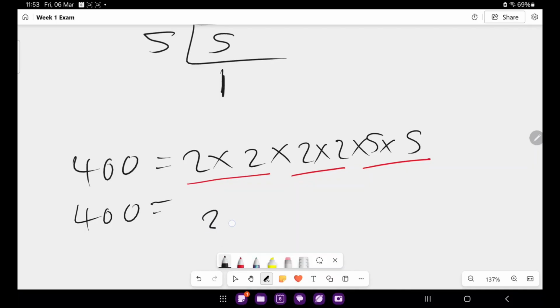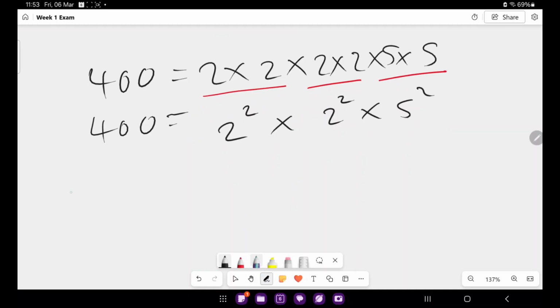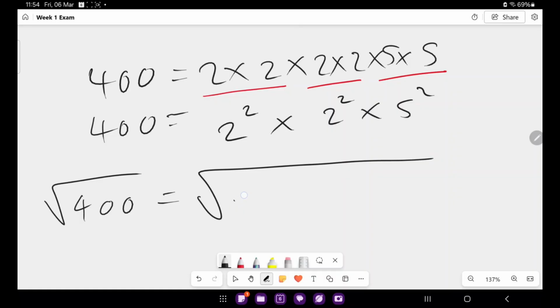So it becomes 2 squared times 2 squared times 5 squared. Then if it's like this, now we can introduce the square root. So we introduce square root to each and every one of them.